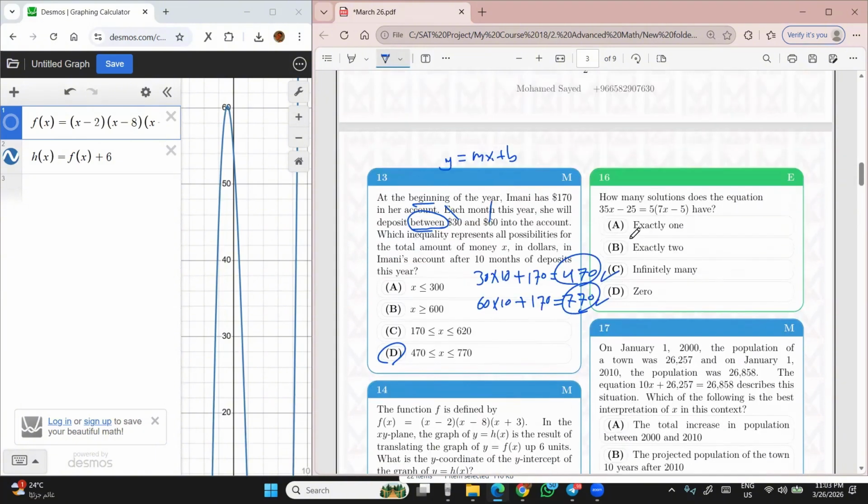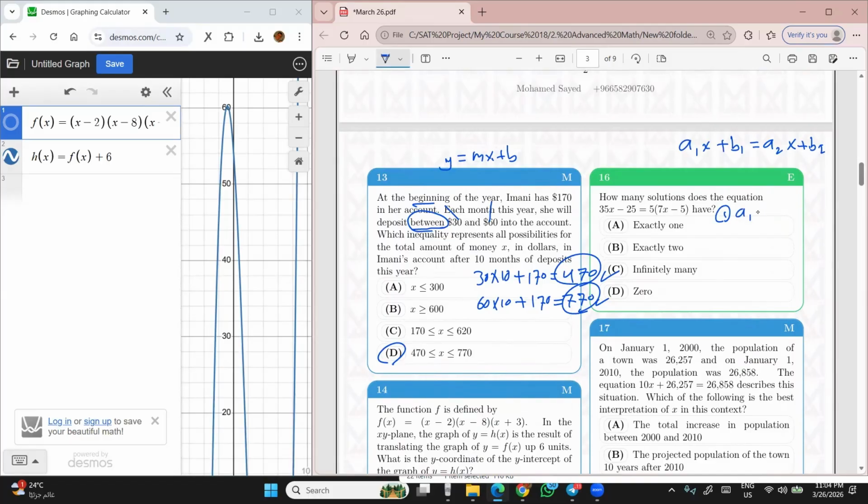Number 16, how many solutions does this equation have? In this kind of question, we need to consider the 3 cases that we have here. Let's try the general rule here: a1x plus b1 equals a2x plus b2.